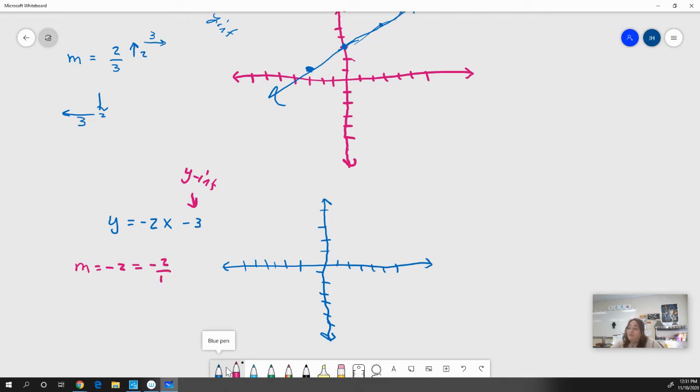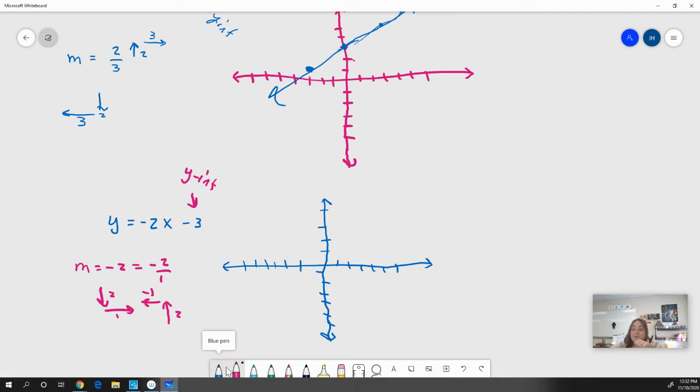Which means I can either go down 2 and +1, or I can go up 2 and -1. When you have a negative slope, one of them has to go negative, either the numerator or the denominator, but not both at the same time, right? Because think about that. If I took them both negative, negative over a negative is a positive.